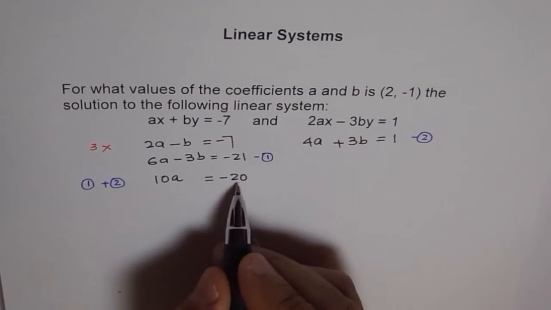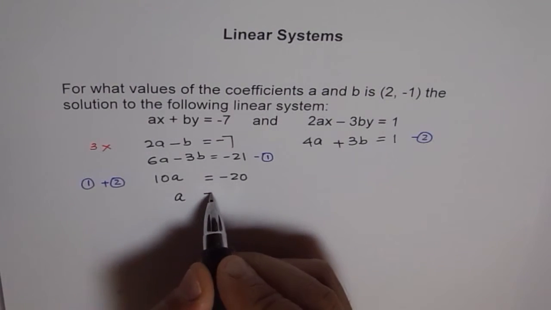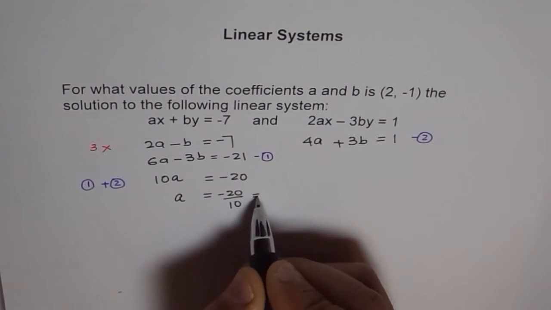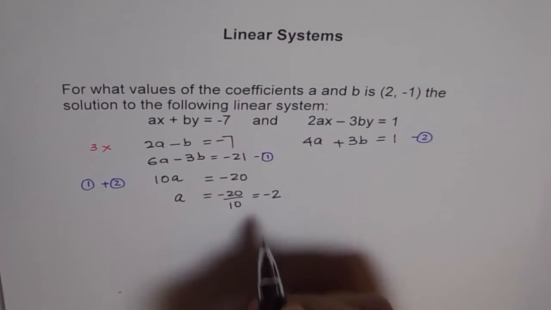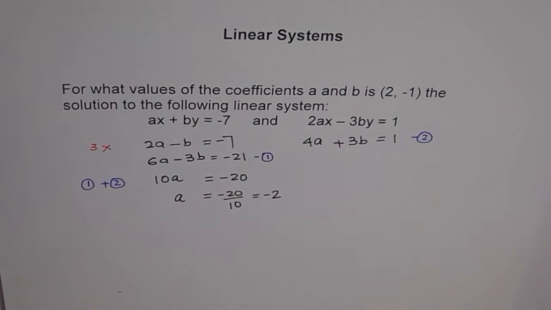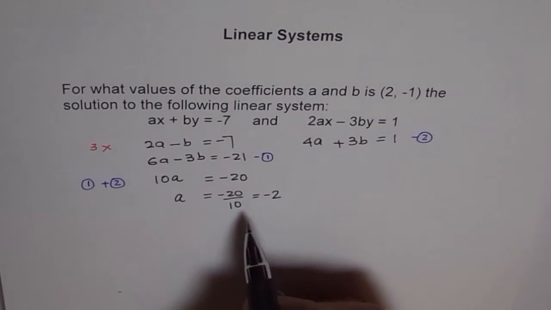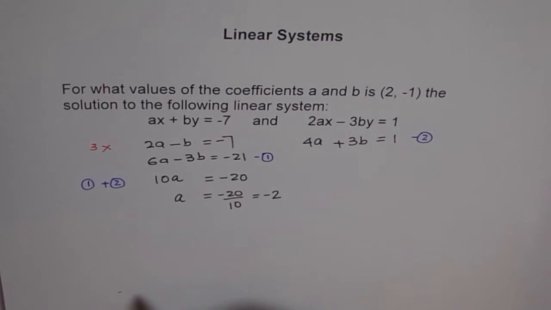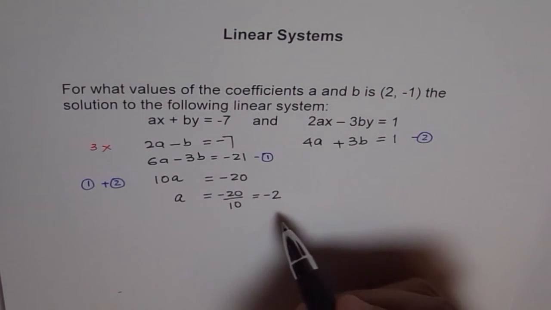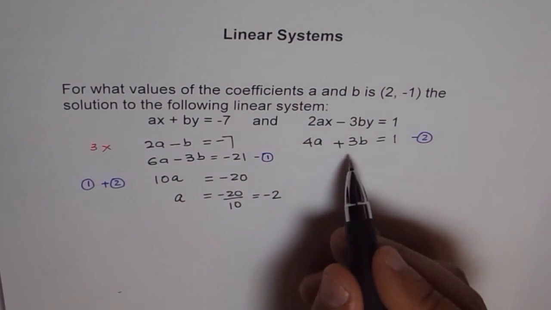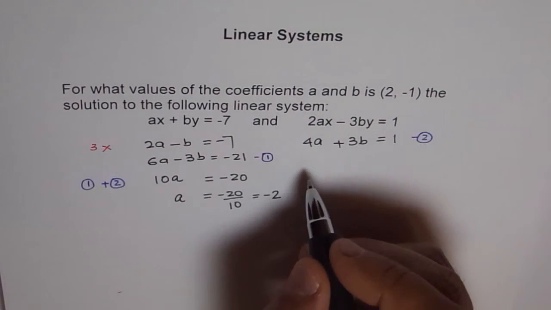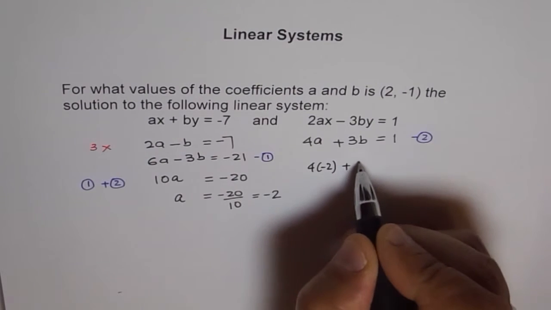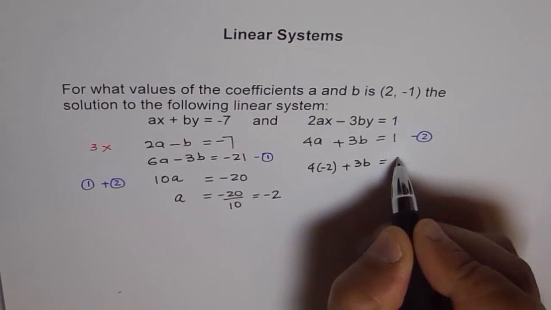And now I can divide by 10 and find the value of a. So a equals -20 divided by 10, which gives me -2. So I get a as -2. Now once I have the value of a, I can plug in this value and find b, right? So if I do that, I get 4 times -2 plus 3b equals 1.